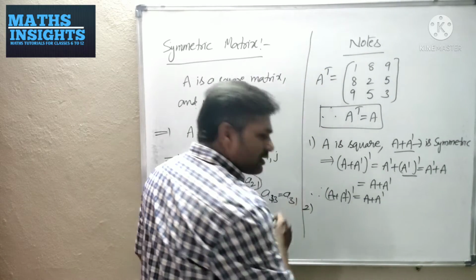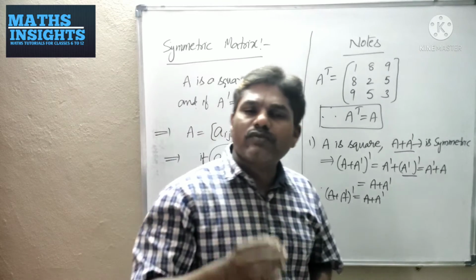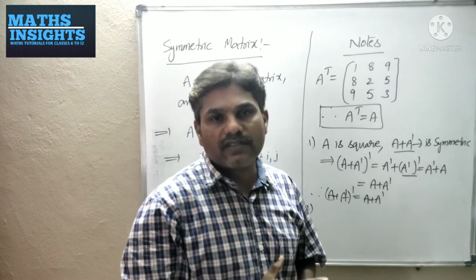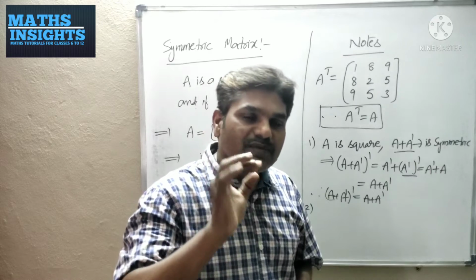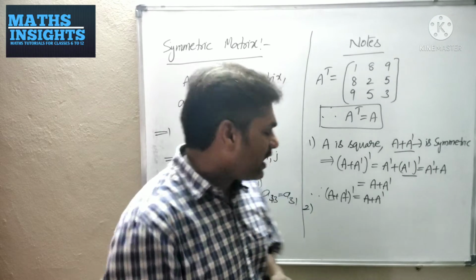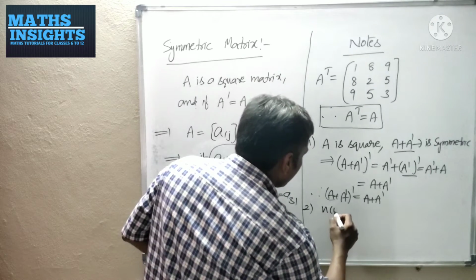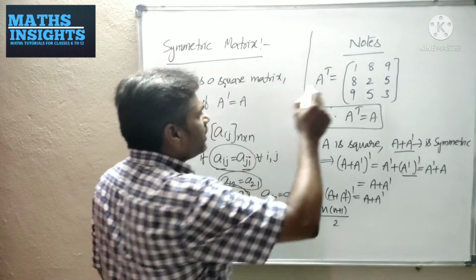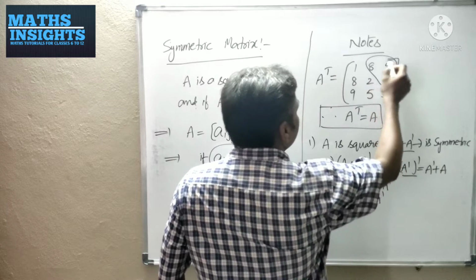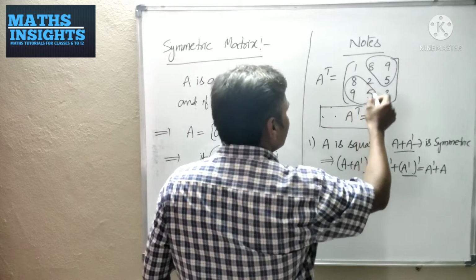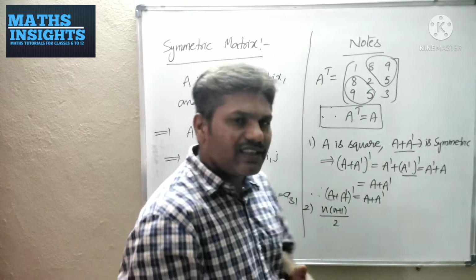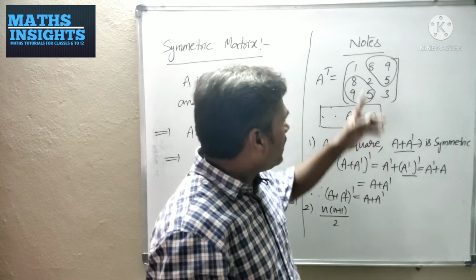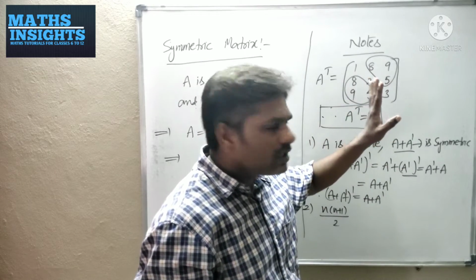Second is the maximum number of distinct elements which can be taken in a symmetric matrix of n into n: n into n plus 1 by 2. See, here I have taken 3 elements. Those 3 elements must come here. So only 3 elements which are different, and here 3 different. Total 6.